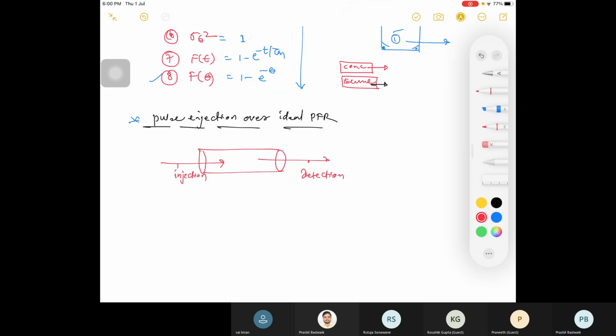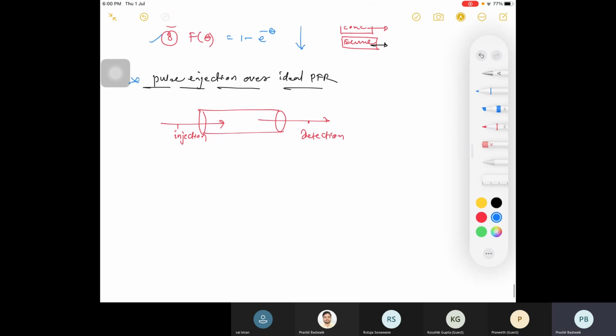That is pulse injection. We have seen what your profile was in case of CSTR. We immediately add it at one point, so you will have this kind of curve at time t equals 0.